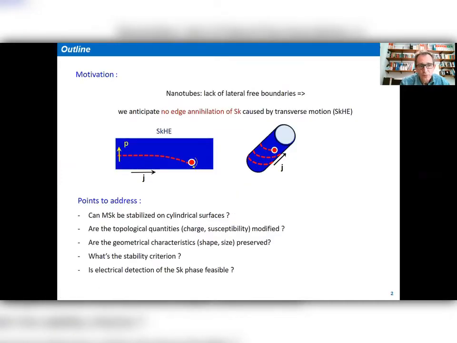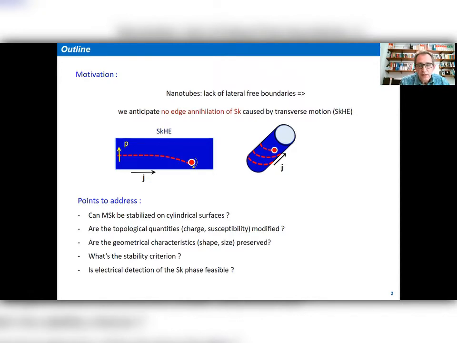A known issue of the application of skyrmions in racetrack memories is the skyrmion Hall effect, which causes transverse motion of skyrmions across the nanostrip and eventually their edge annihilation. So the idea is to avoid this edge annihilation effect by using samples with no free boundaries, like for example nanotubes.